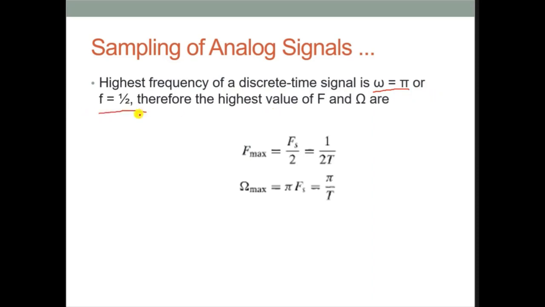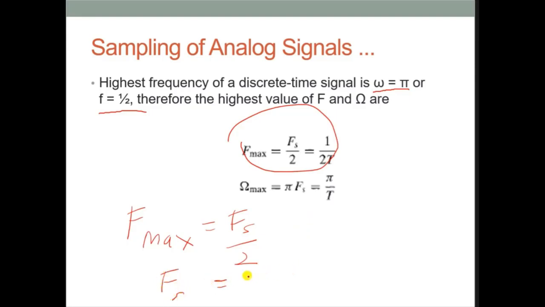So when we write this, we see that Fmax equals Fs over 2 equals 1/2T, and Ωmax equals πFs equals π over T. If we take this equation, we see that Fmax equals Fs over 2, so the sampling rate is 2Fmax.